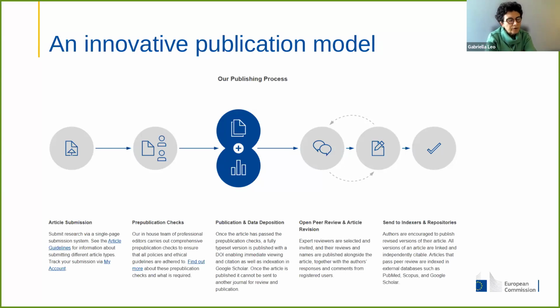So as I told before, after the article submission there is a pre-publication check, a rigorous pre-publication check, and after that the article is published and is assigned a DOI, making the article soon citable, and also the article is deposited with the underlying data set in trusted repository, as Zenodo.